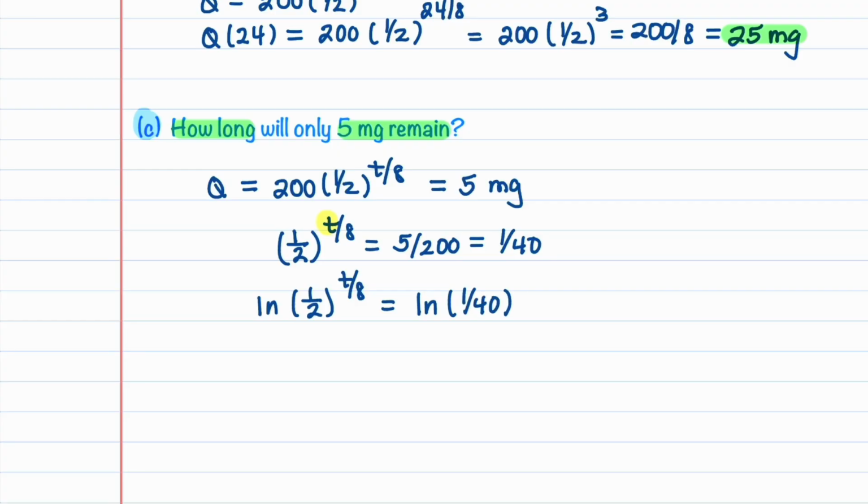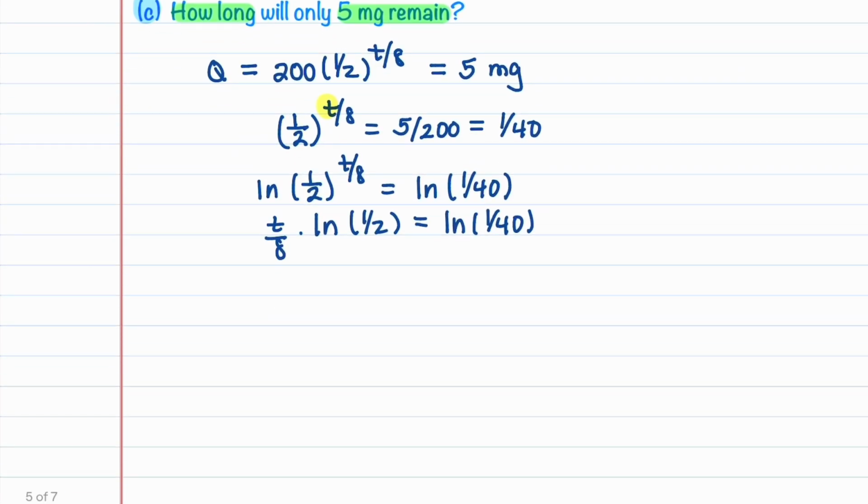We can now pull the t over 8 out in front. So we have t over 8 times natural log of 1/2 is equal to natural log of 1 over 40. Now to find t, we're going to multiply both sides of the equation by 8 and divide by natural log of 1/2.